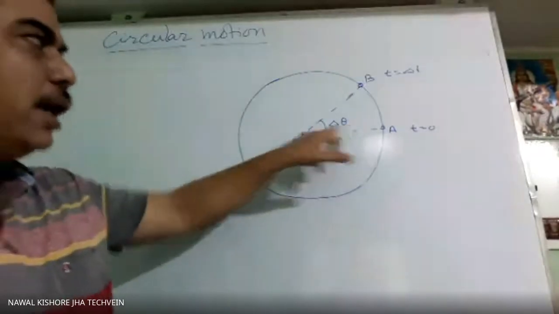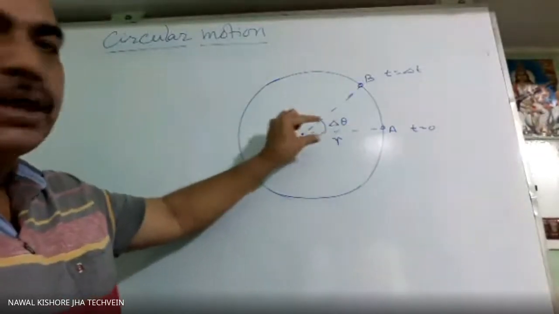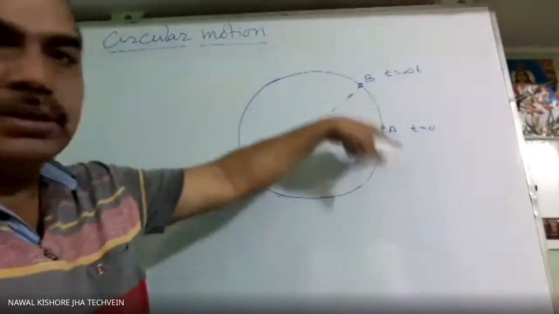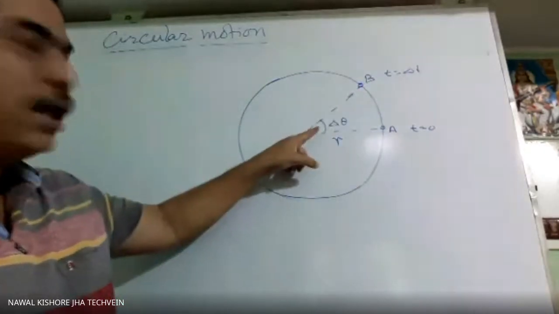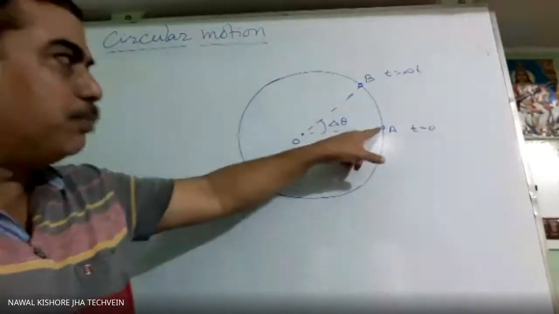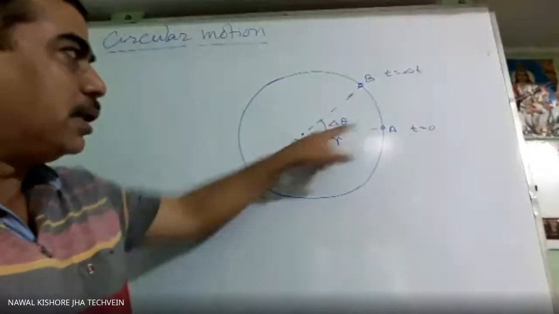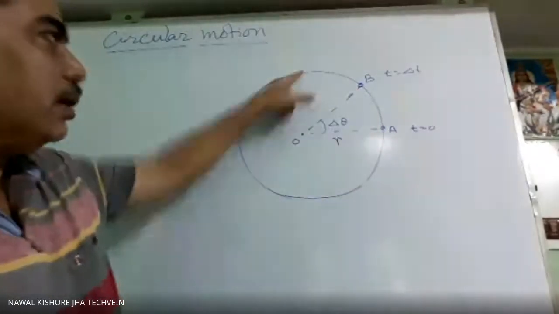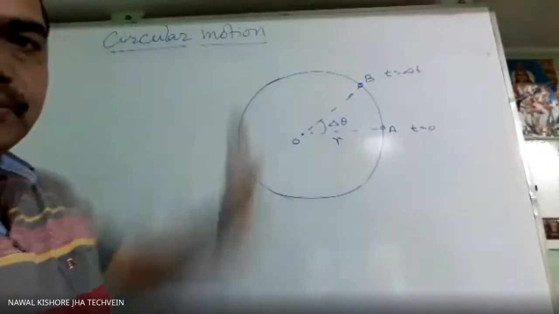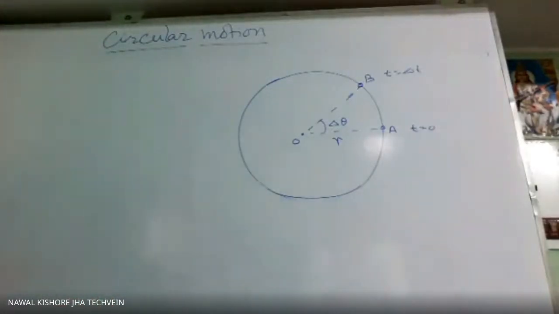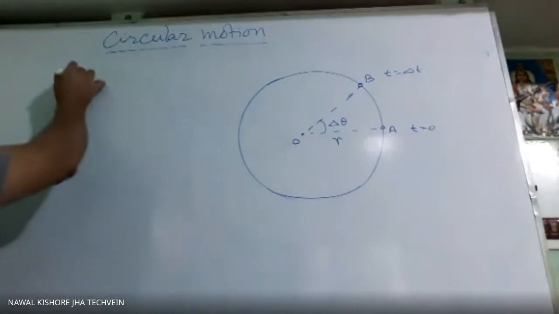Here it is angular displacement. We represent this displacement on the circular path by this angle. Suppose the particle has come from here to here, this is delta theta. So this is angular displacement.